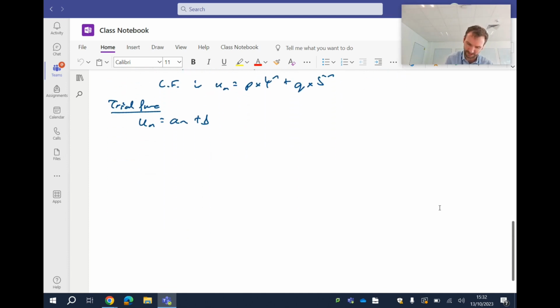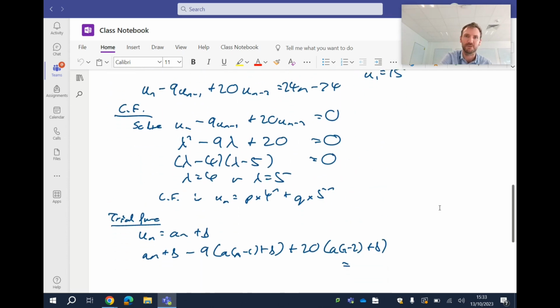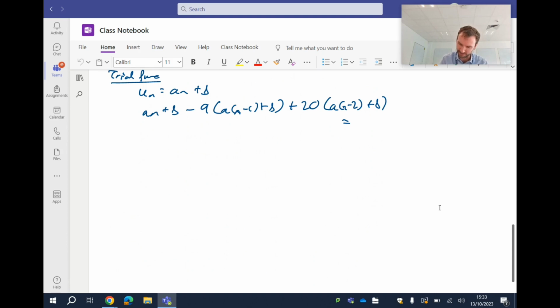So we'll be having an plus b, because that was our u_n. We'll then be subtracting 9 lots of u_(n-1), which is going to be all our jazz, plus 20 lots of u_(n-2), which is going to be this stuff. And we want it equal to, because we were told this earlier, 24n subtract 74. At this point, you're just going to expand identical to what you're doing in the first order case.